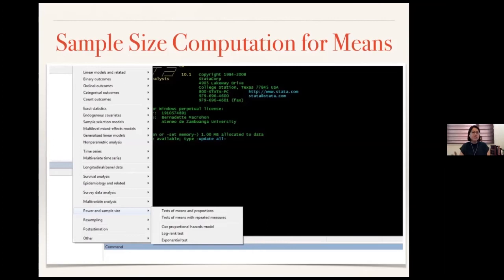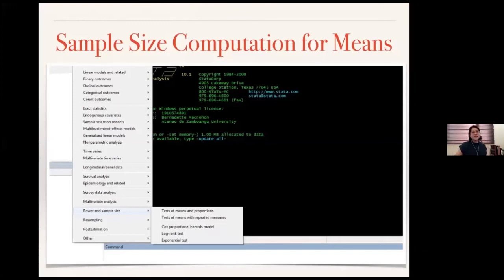It also has the capability for repeated measures, for example, if you want to check the outcome for the first month, second month, third month, fourth month, fifth month. If you want survival analysis, the Cox proportional hazards model, it can also compute sample size for that. Since this is a statistical software, it has more robust power. Unfortunately, you have to buy Stata.